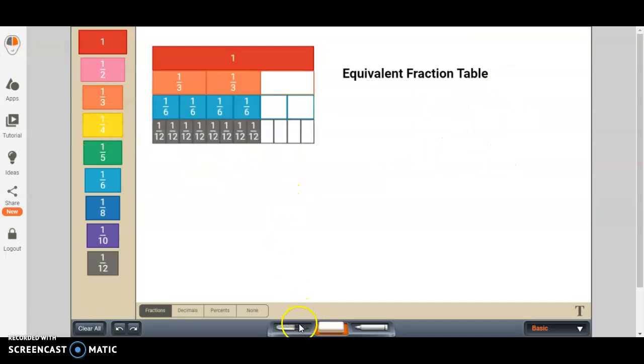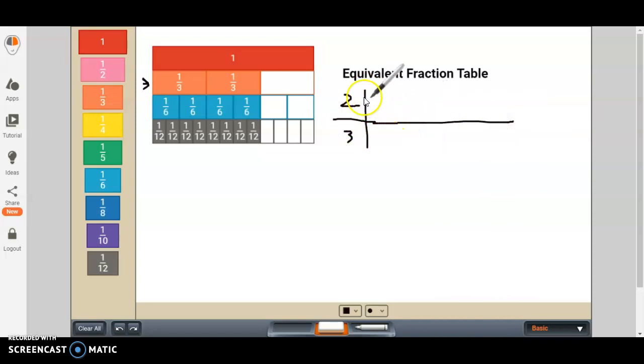Now let's see if we can make an equivalent table for a different number. So first off, what fraction do I have represented here? I have 2/3. Now, if I want to make one more piece for each of these, well, I would need 1 extra piece here, 1 extra piece here, so I need to add by 2.